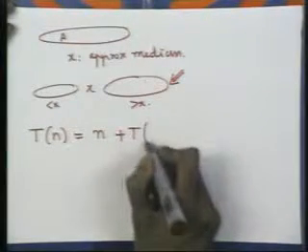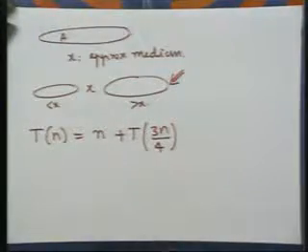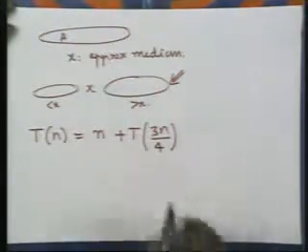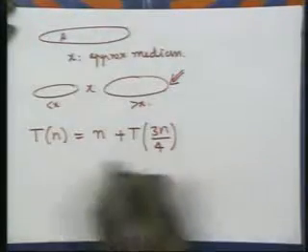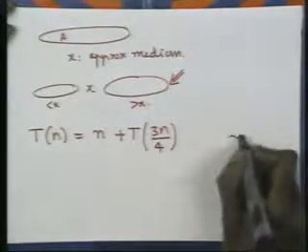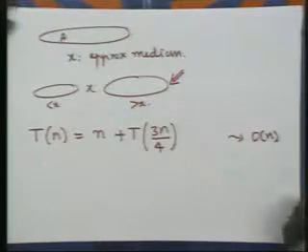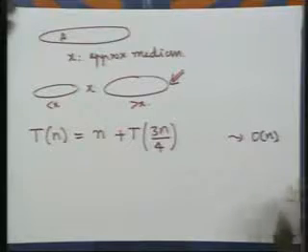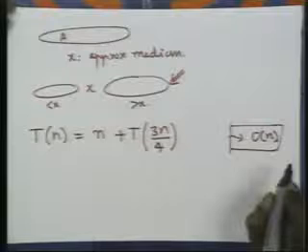That part has size 3n by 4. Well, there's still a problem which we need to address, but supposing you can do this, you check that this recurrence gives you order n. You can just open out a few terms here, and you can prove that this in fact is order n.